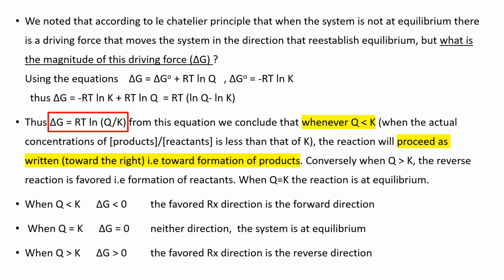And from this equation, we conclude that whenever Q is lower than K, or Q divided by K is less than 1, the process will proceed as written, toward the right or toward the formation of products. Conversely, when Q is higher than K, the reverse reaction is favored, and the formation of reactants is favored. And in the final state, when Q equals K, the reaction is at equilibrium.